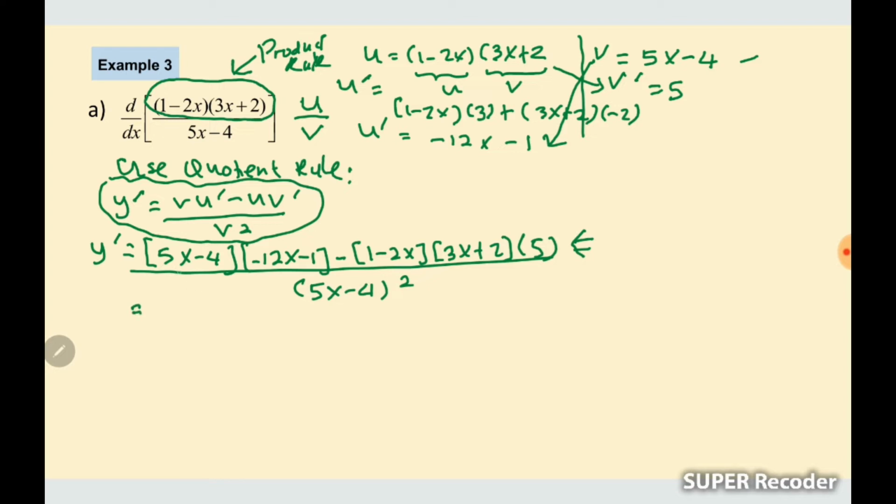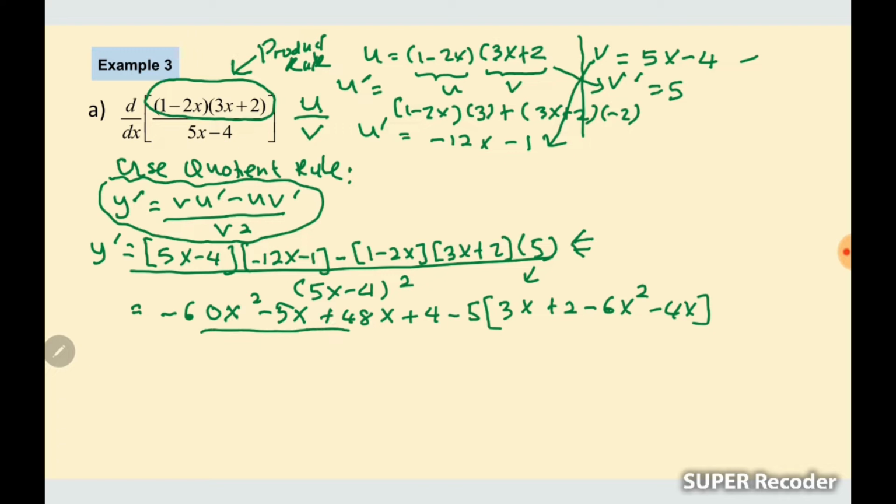We have 5x multiplied by negative 12x, we get negative 60x squared, negative 5x, plus 48x plus 4, minus 5 times (3x plus 2 minus 6x squared minus 4x), over (5x minus 4) squared.